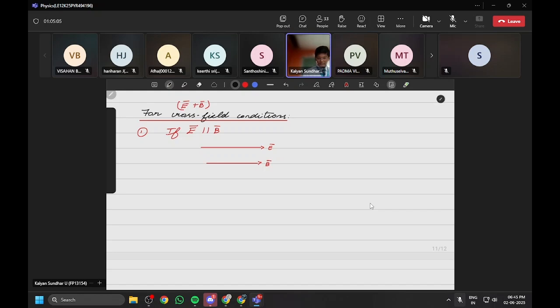In between them I am keeping a charge of mass M and charge Q, moving with velocity V.